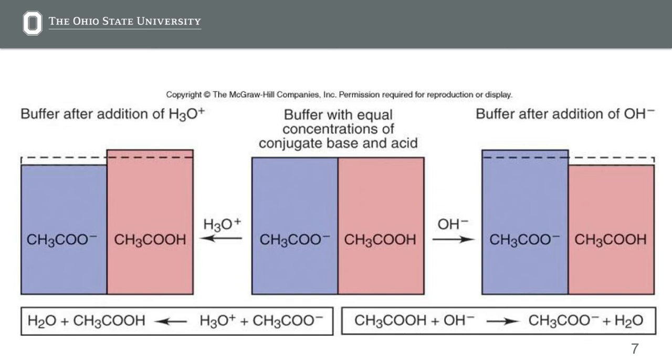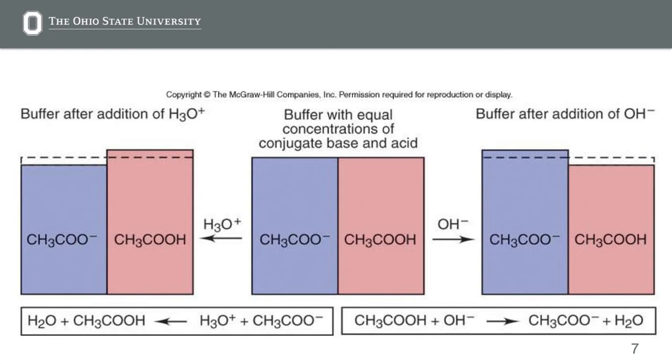If we look at this graphically, this is for an acetic acid acetate buffer. So here's a buffer with equal concentrations of conjugate base in the blue color and acid in the pink color. If we add strong acid to that solution, it reacts with the weak base, forms more acetic acid. If we add hydroxide, it reacts with the acid to form more conjugate base, acetate ion.